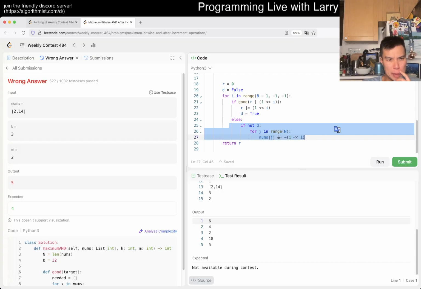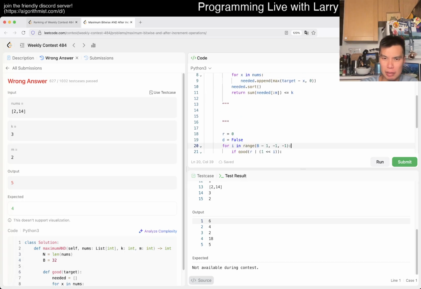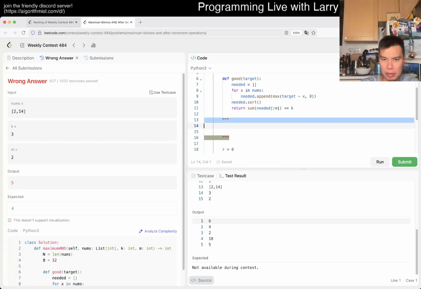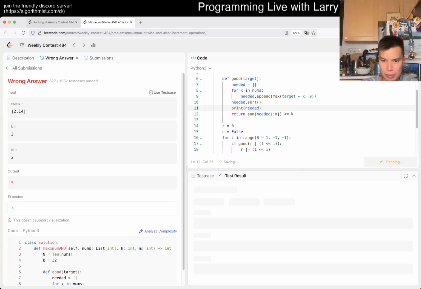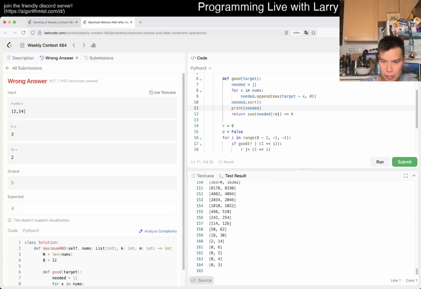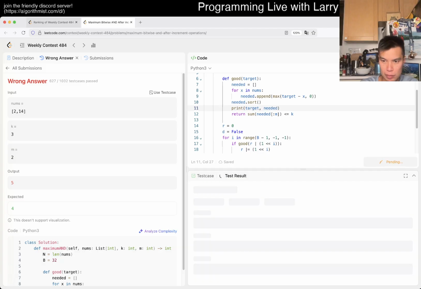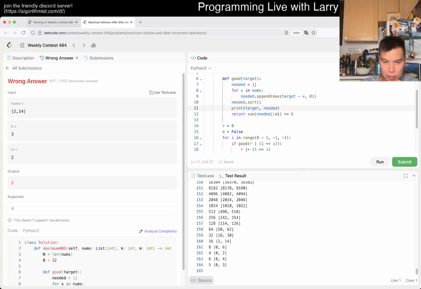That doesn't even make sense actually. Hmm. So 8 doesn't work. 4 works for sure.